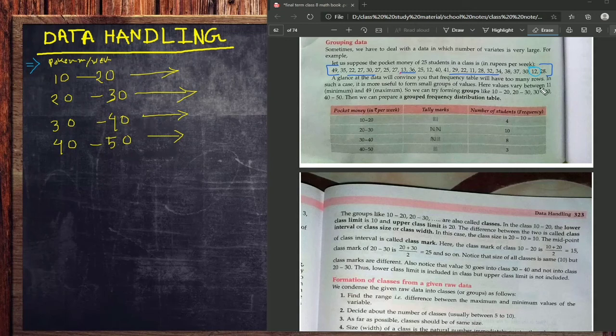So firstly, I'm looking for 10 to 20 values. 12 over here, that is 10 to 20. Also another 12, you have to count all the same values. Don't worry about that. And 11 is also coming in that range. Any more? 13 is there. Okay, and no other. So we have four values coming between 10 to 20.